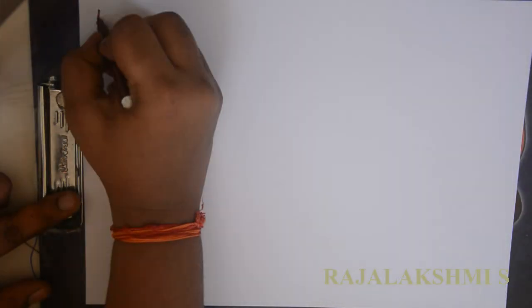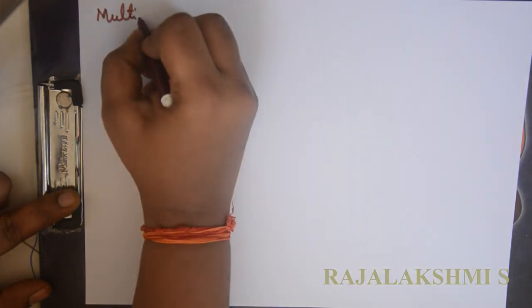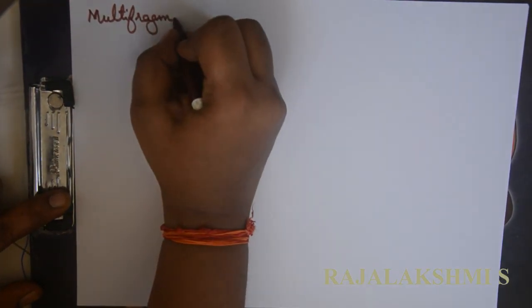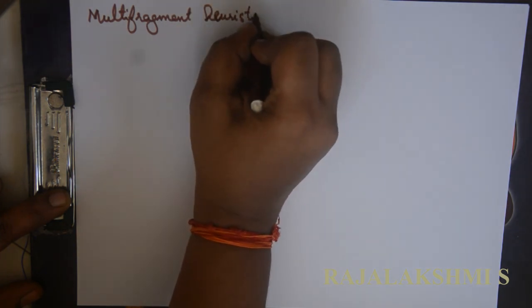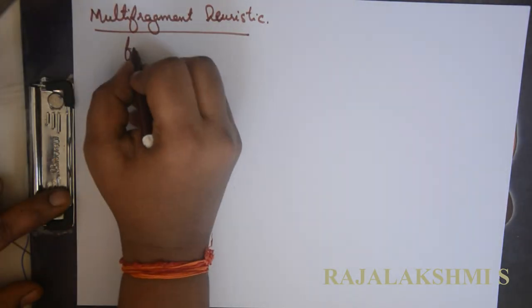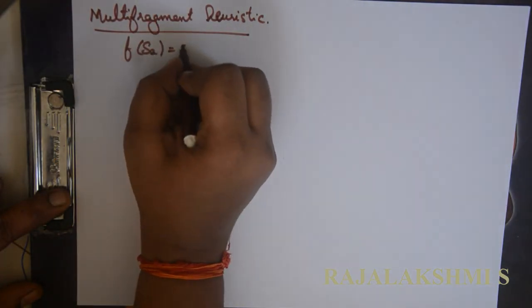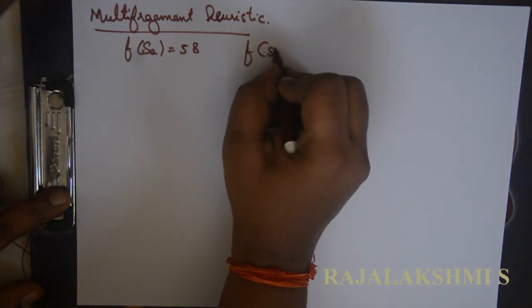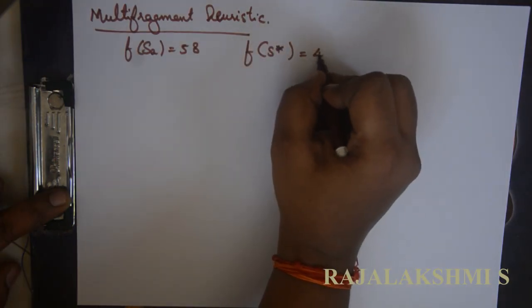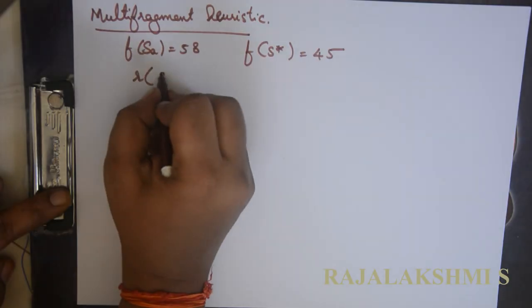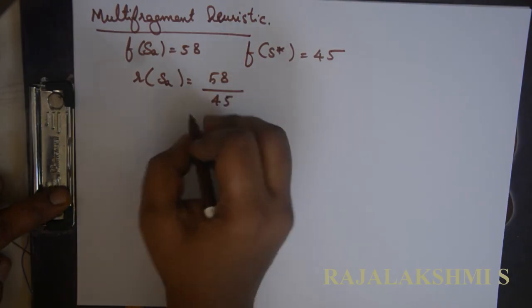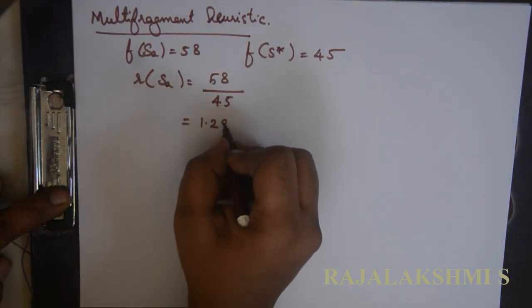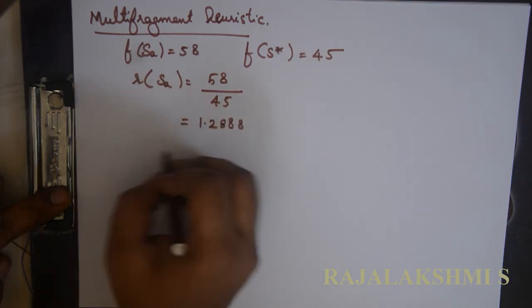And similarly, we should compute the accuracy ratio of the multi-fragment heuristic. Okay, so for the multi-fragment heuristic, the approximate solution we obtained is 58 and the exact solution we obtained using the exhaustive search procedure is 45. So the accuracy ratio R of SA is equal to 58 divided by 45, which will be 1.2888 and so on, right?